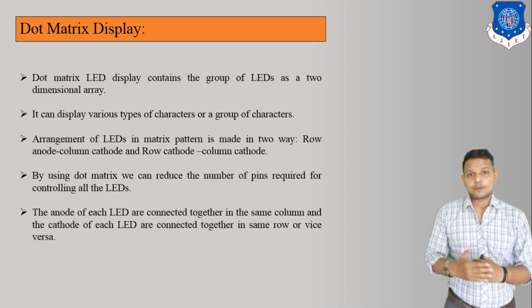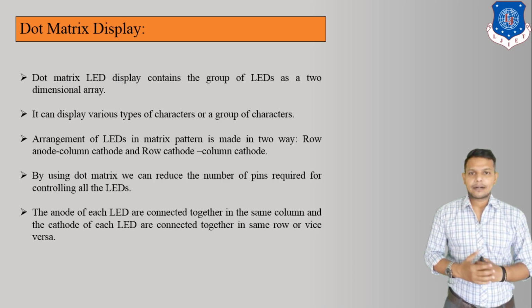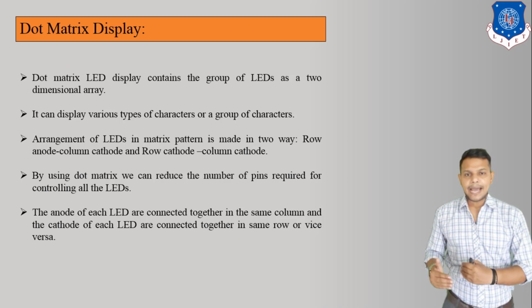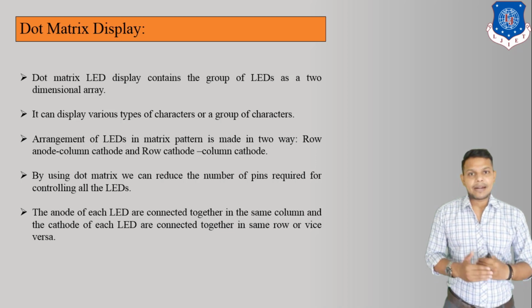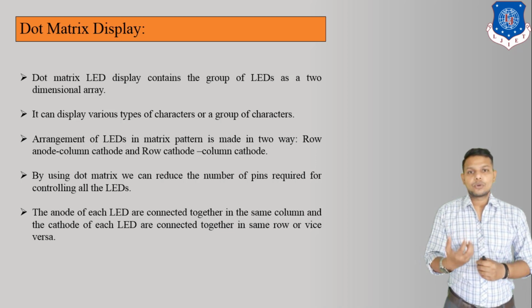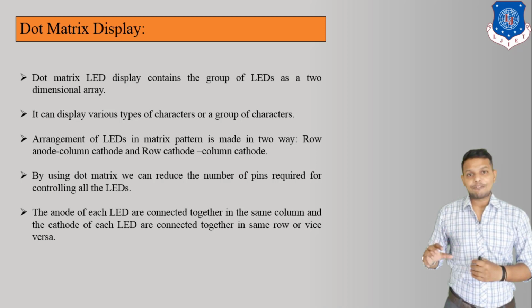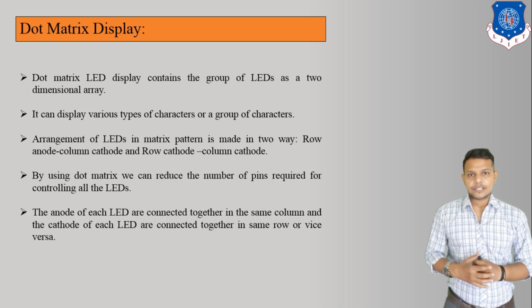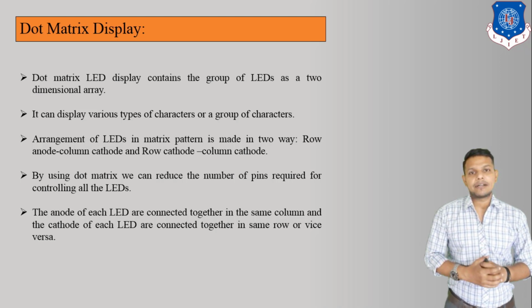There are various types of dot matrix available: 3 by 5, 5 by 7, 9 by 5, 7 by 9. If you are interested in displaying alphabets and numerical characters, then you have to try the 5 by 7 dot matrix display.